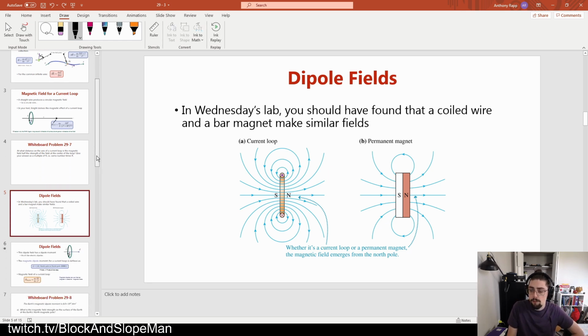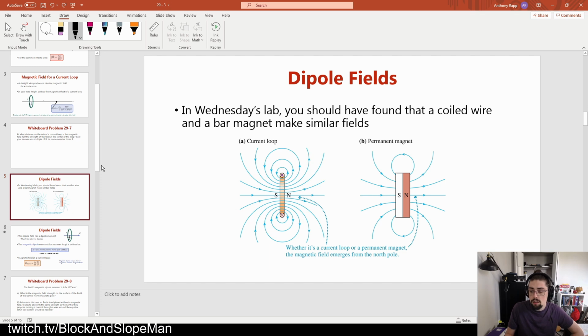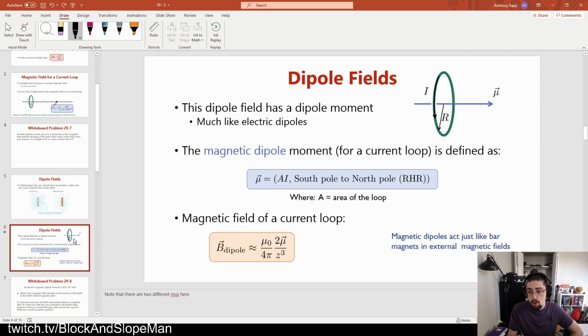So, for all of these things, whether it's an electromagnet, whether it's a permanent magnet, whatever it is, they're both acting as magnetic dipoles. And we might remember, dipole things have dipole moments. So we are defining this new value as our magnetic dipole moment, where the magnetic dipole moment, if we had a loop of current, would be equal to the cross-sectional area, or the area inside of the loop, times the current going through the loop, right?